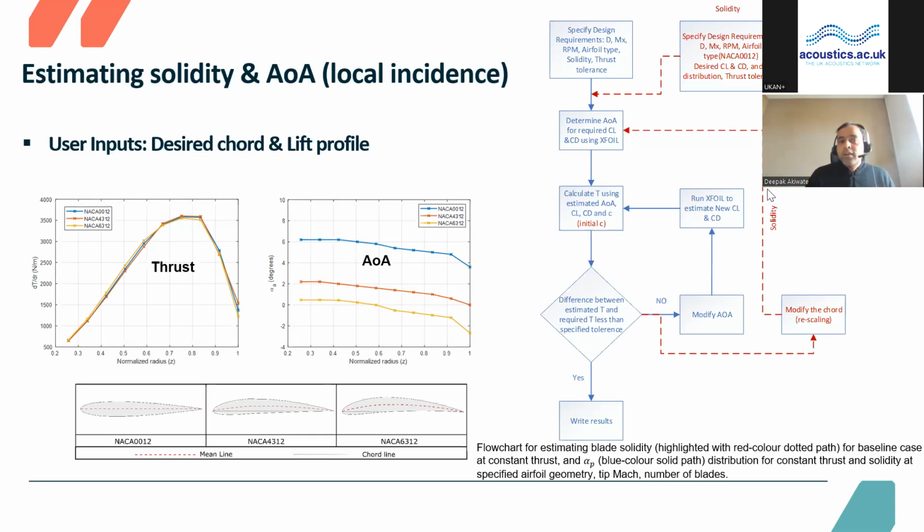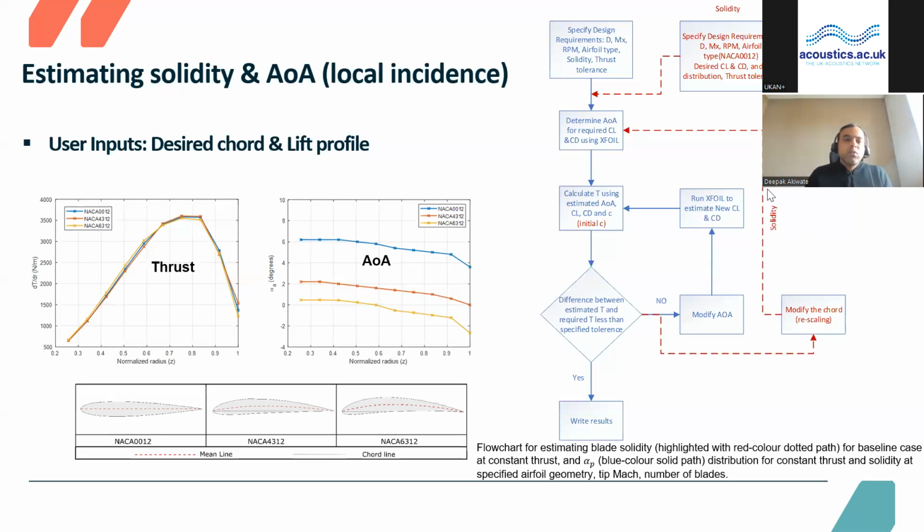The user provides the desired chord distribution, lift distribution, airfoil type, blade solidity and thrust requirement. The subroutine then changes the local angle of attack, that is the local incidence on the blade, to maintain the thrust distribution and the overall thrust the same.